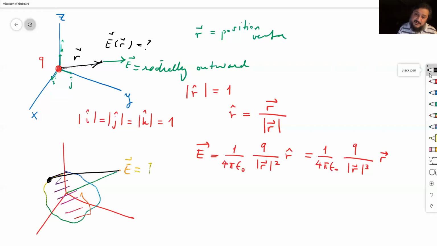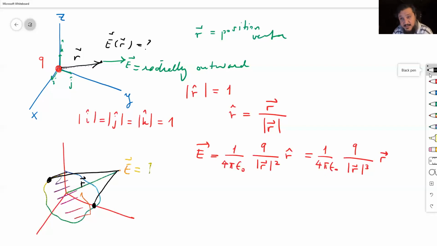And then you have another charge over there, which is this much away from your observation point. So which R is the R that you're going to use in the formula? In the formula, you only have this R here, which is from the origin.